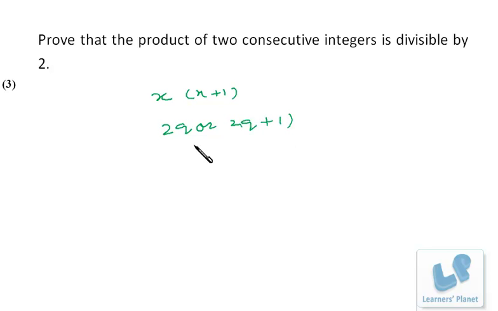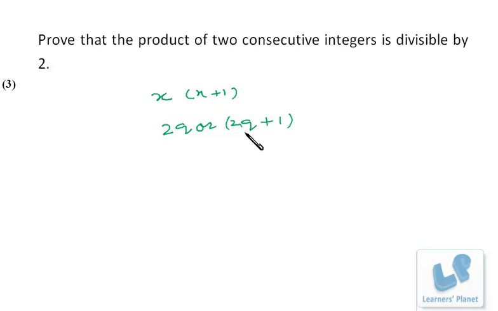Now 2q and 2q plus 1 are also consecutive integers like x and x plus 1, because if we add 1 to 2q, we get 2q plus 1. That means the difference between these two is 1, so these two are consecutive integers.